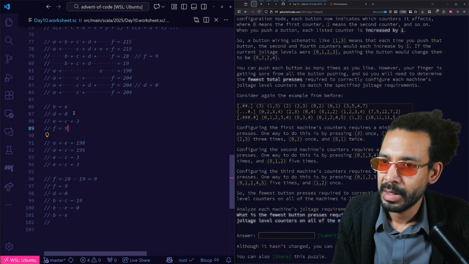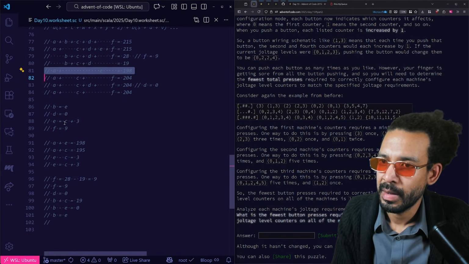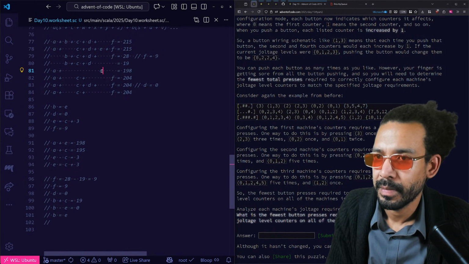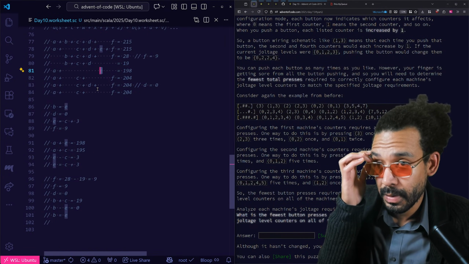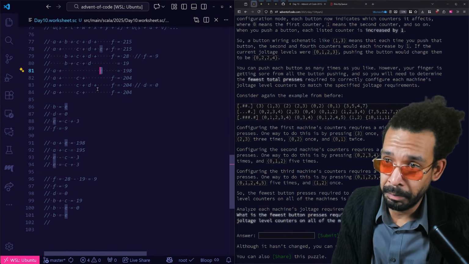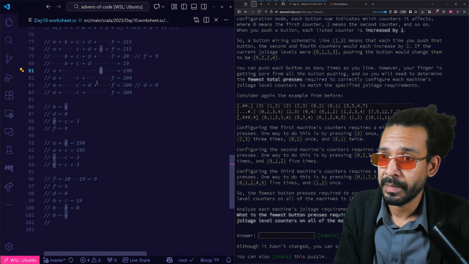So what's the closest thing to being determined? We have D, we have F. A is pretty close. Right, whatever E is, it is C plus 3.